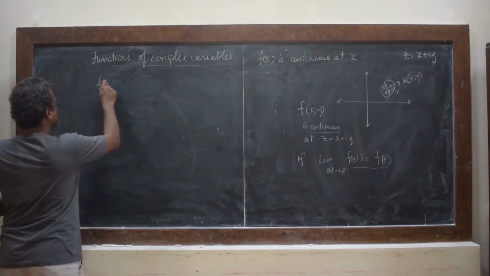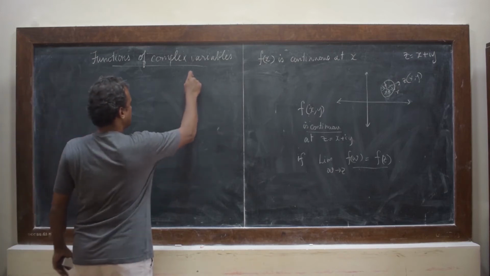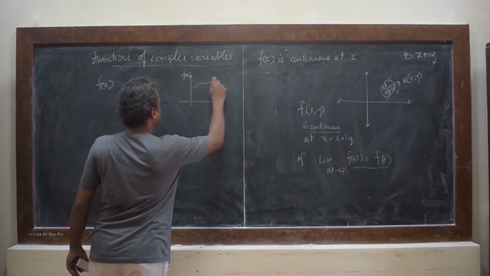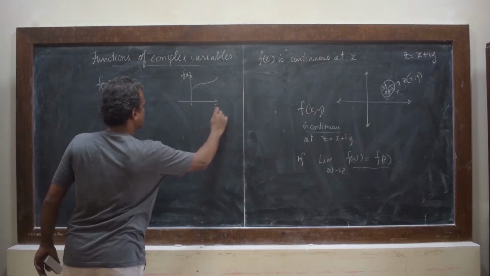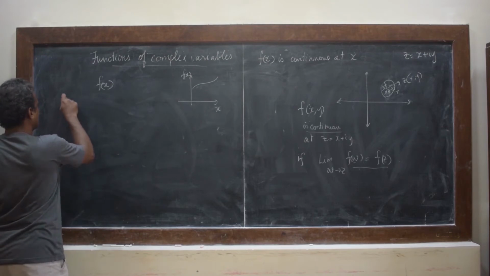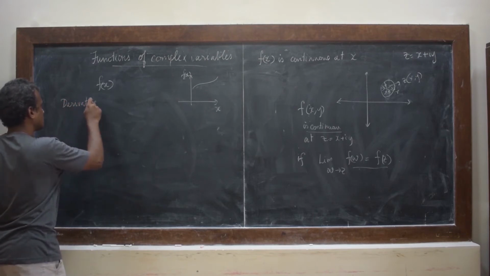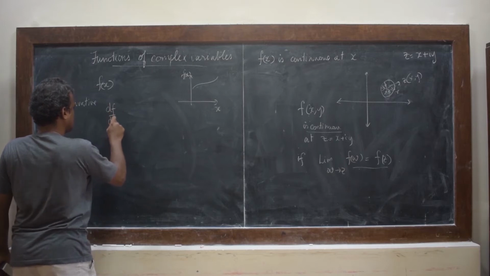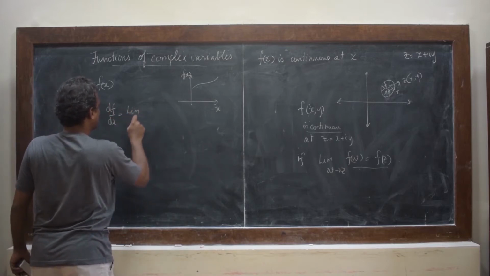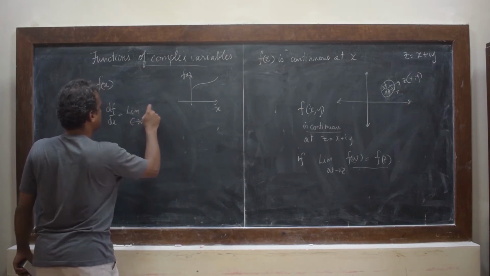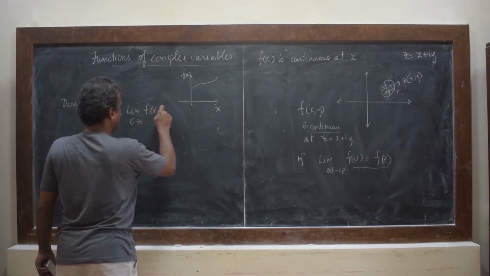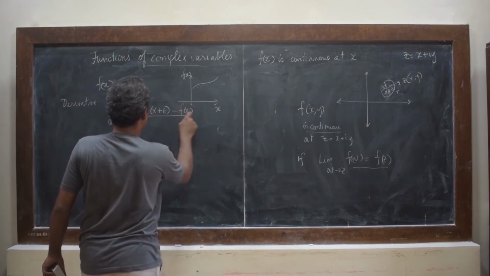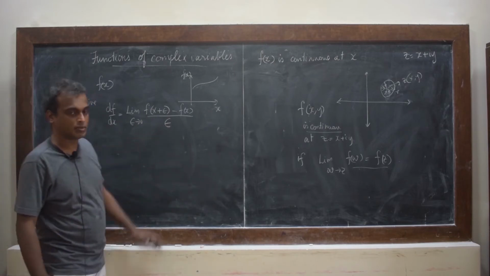For a real function f of x, which we had chosen to represent earlier using a curve, the derivative of a function was defined as a limit: epsilon tends to 0 of the difference of its value at x plus epsilon with its value at x, divided by epsilon.